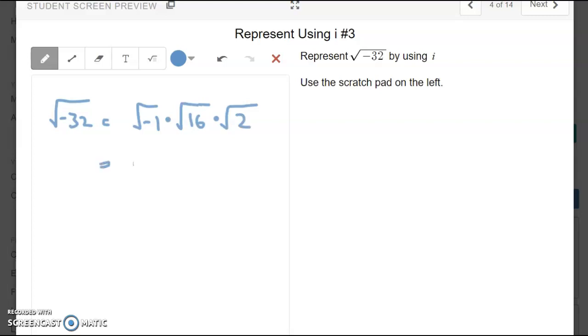So that is the same as i times square root of 16, which is 4, times square root of 2, which is the same as 4 is the whole number, so it's going to come here, followed by an i, and then root 2.